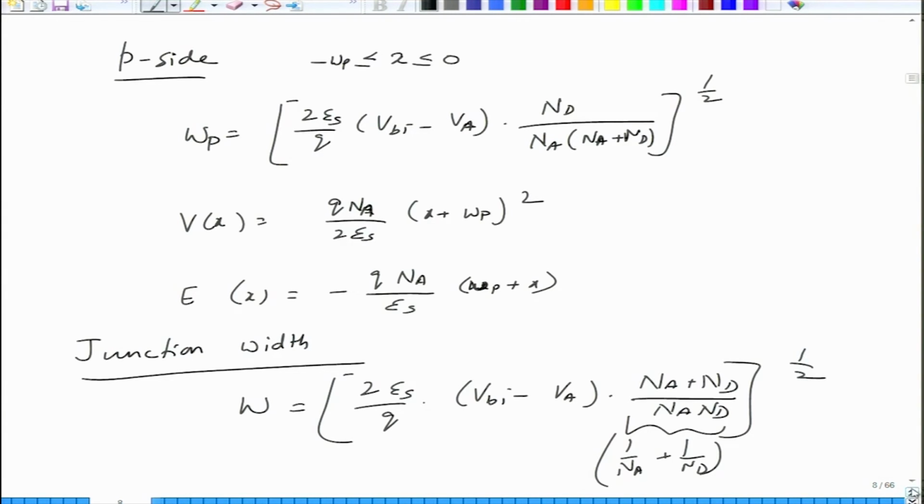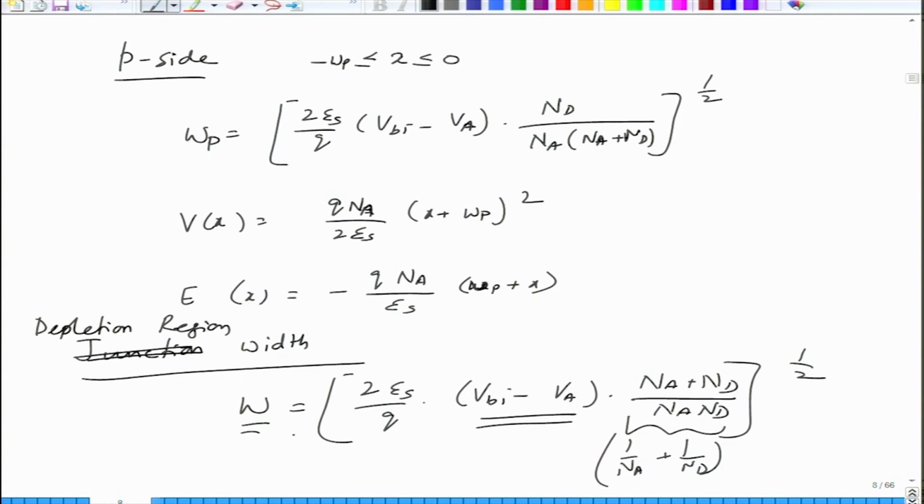So this is the change with the bias. You can see that as you apply a forward bias, the depletion region width, to be correct, becomes narrower, and when you apply a negative bias, this value becomes larger.